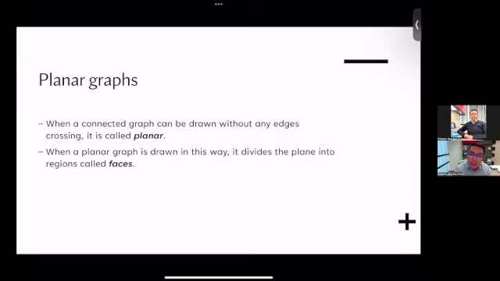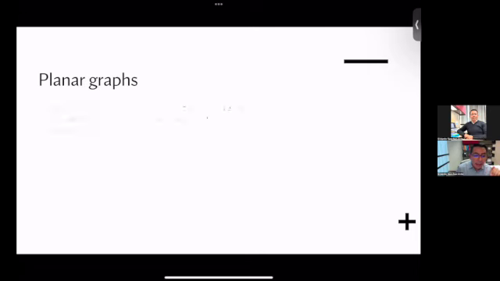And if it is possible to do this, then the graph is going to divide the plane into some regions that are called faces. So let's see an example.